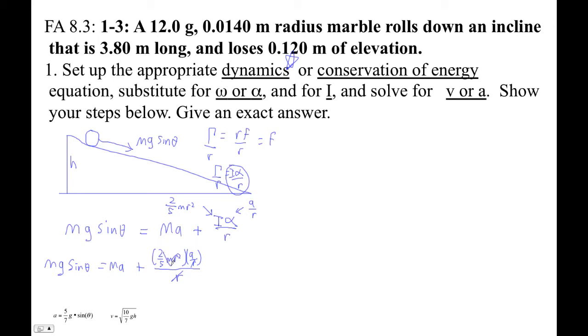Notice that we can cancel an M from every term, and we end up with G sine theta equals A plus 2/5 A, right? So that is, what is that? That is 5/5 A. All the fifths, right? There's 5/5, right? Plus 2/5 A, so G sine theta.